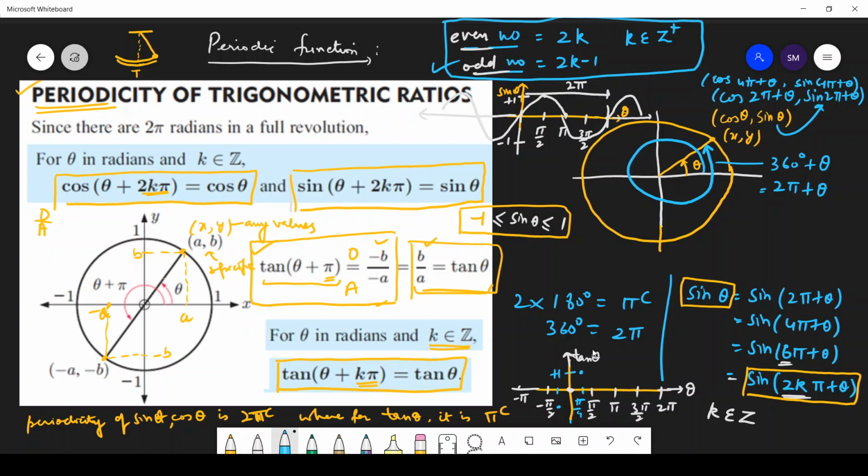At pi by 2 it's infinity, and at minus pi by 2 it's minus infinity. So let us join these points. The graph is not going to meet at pi by 2, it's infinity at minus pi by 2 and plus pi by 2. So we get the graph of this sort.